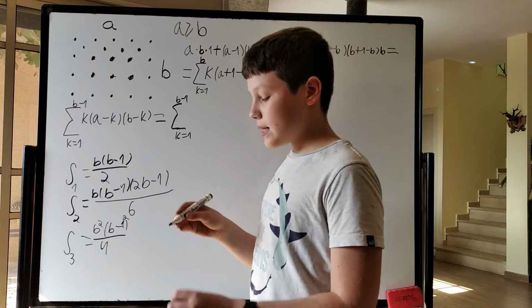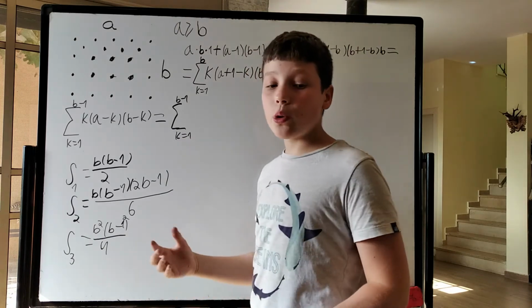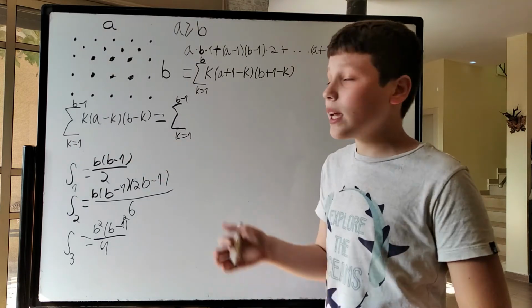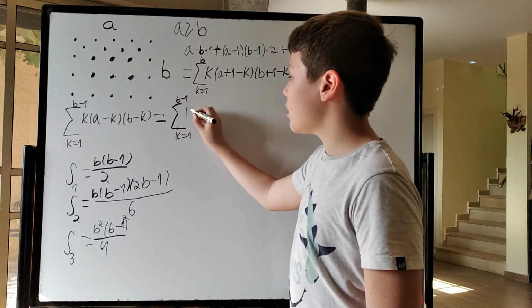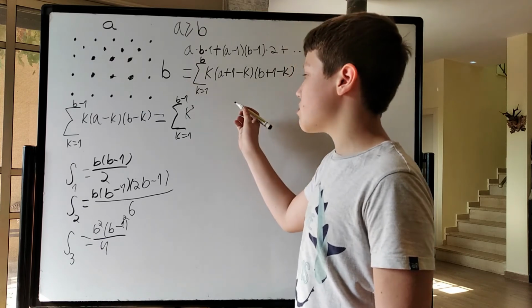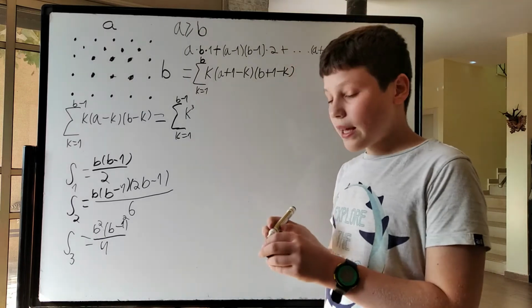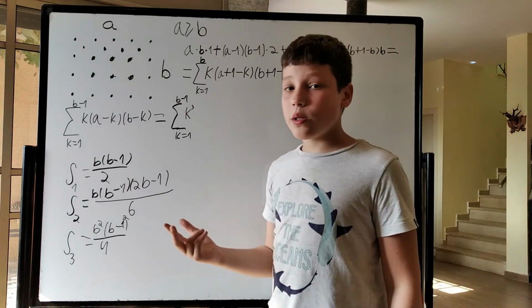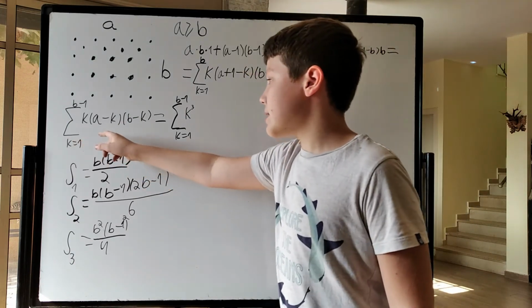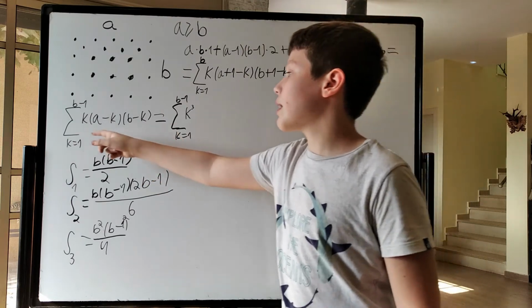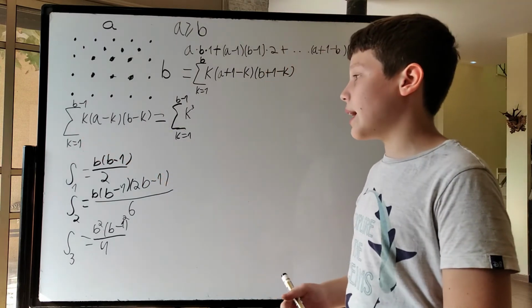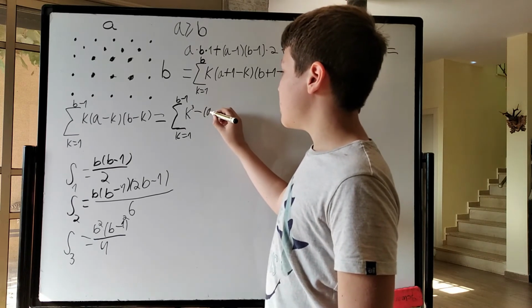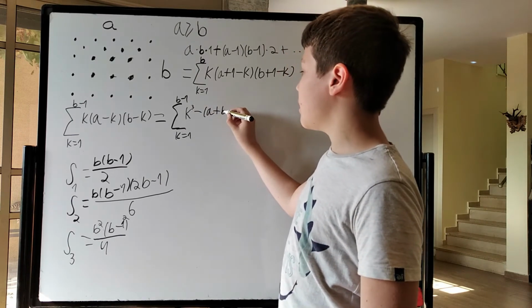And now, let's see. For the k cubed term, the only way we can have k cubed is k times k times k, and the coefficient is 1. Now for the k squared, the only two ways we can have k squared is k times negative k times b, or k times a times negative k, and those will become minus (a plus b).